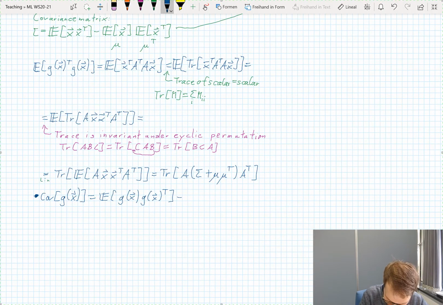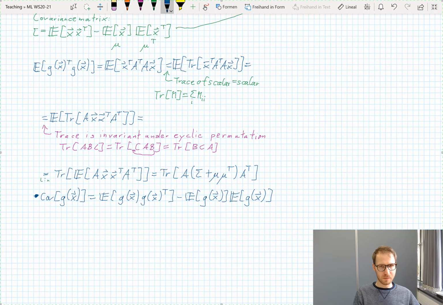So the covariance is defined, I mean, we just had this, right? Covariance matrix up there. Minus E of g of x times E of g of x transposed.